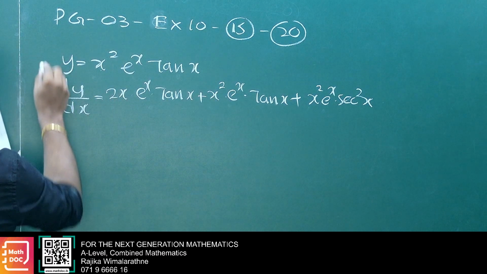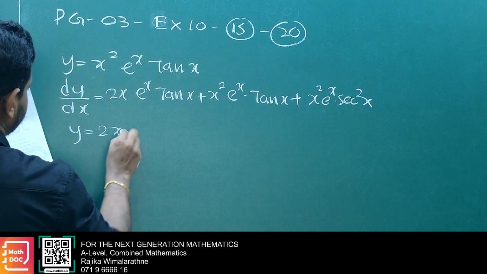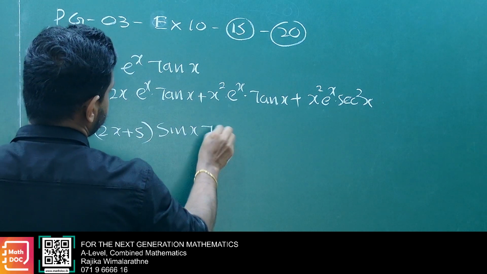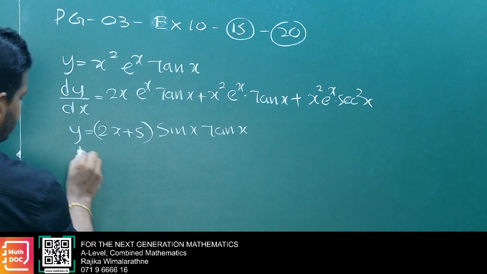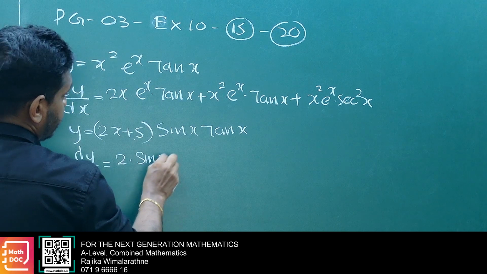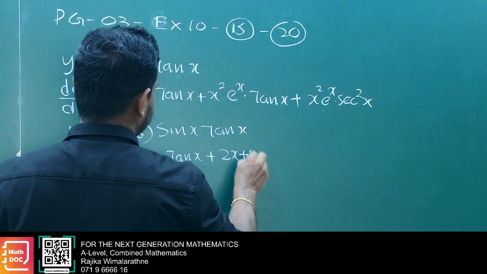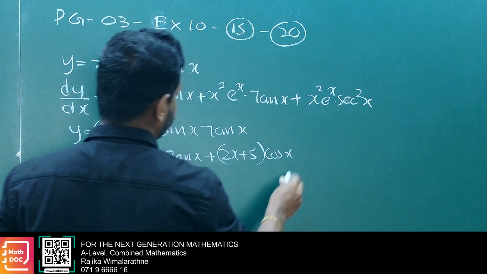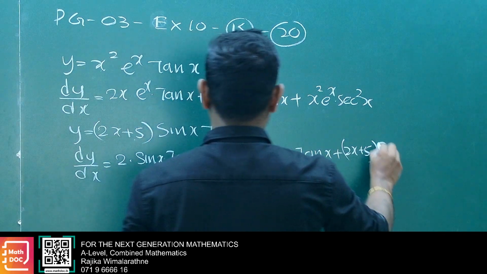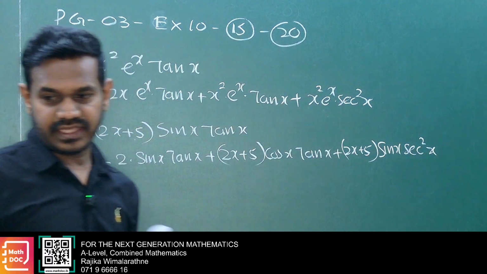In question number 16, y equals (2x plus 5) sin x tan x. dy by dx: 2x plus 5 derivative 2, sin x into tan x, plus (2x plus 5) sin derivative cos into tan x, plus (2x plus 5) into sin x into tan derivative sec squared x.